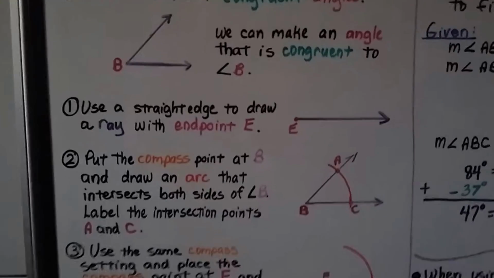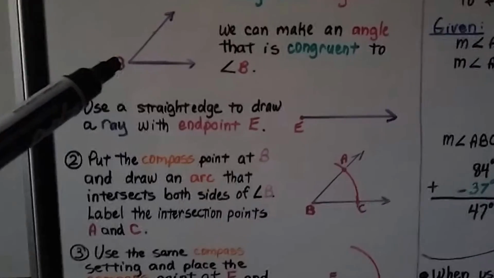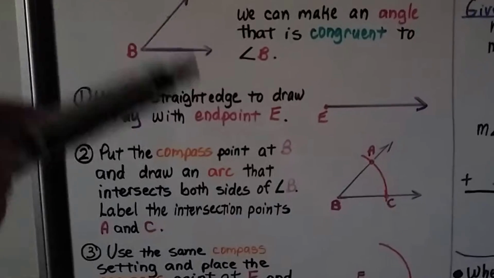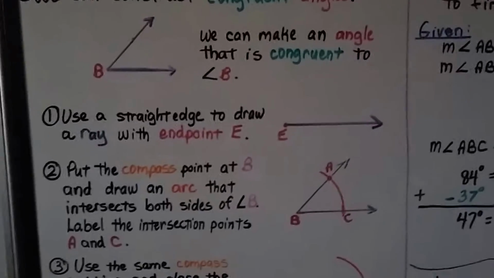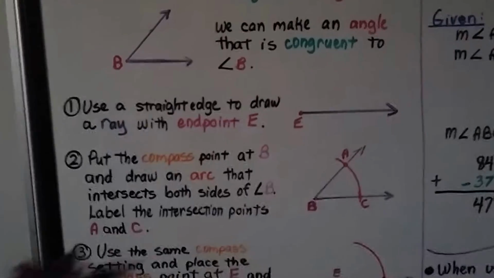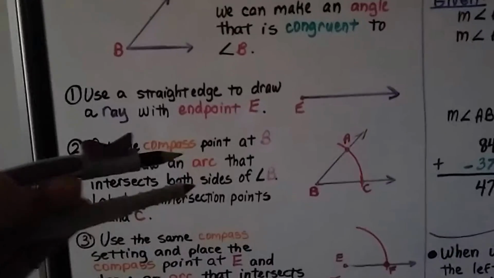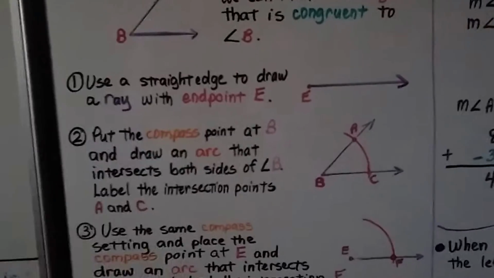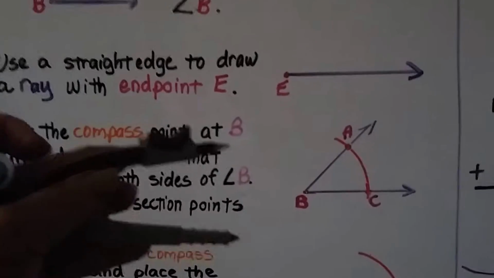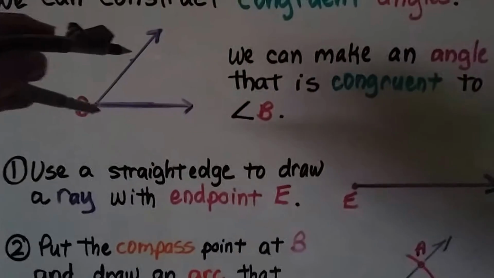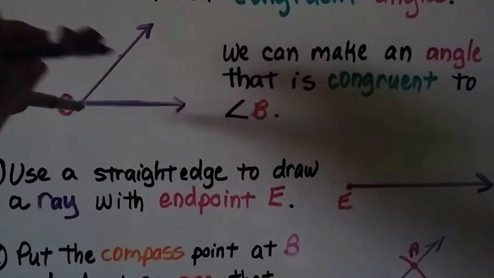We put the compass point at B, the original one, and draw an arc right here. Just like this, okay? So we're going to take our compass, open it up, and make it any size arc that fits this. We put our point here and make an arc, okay?